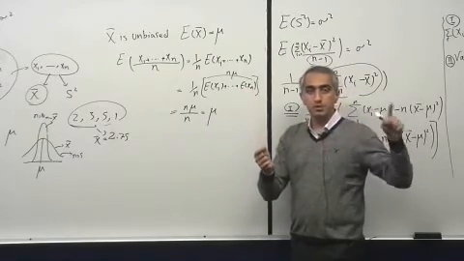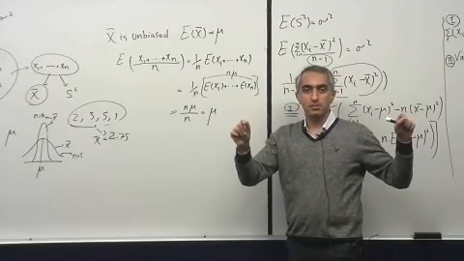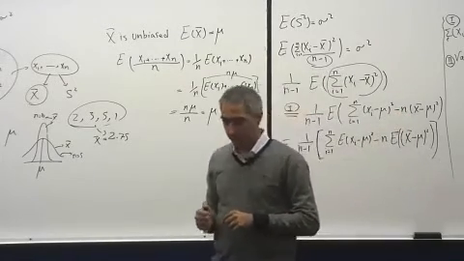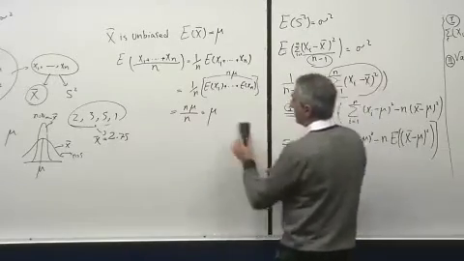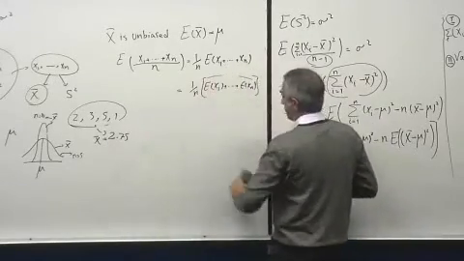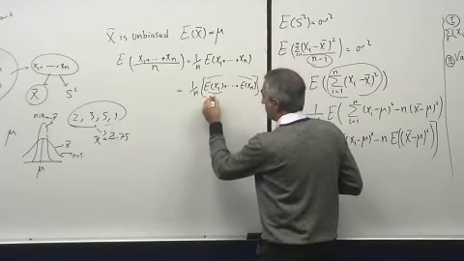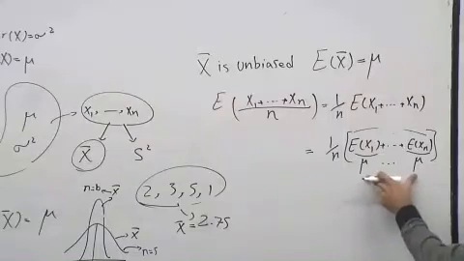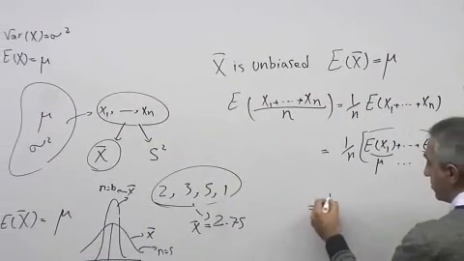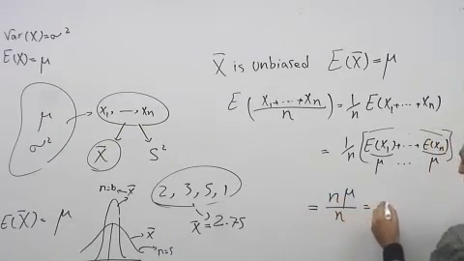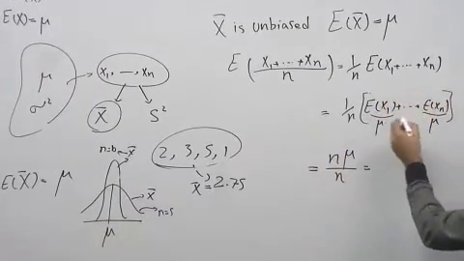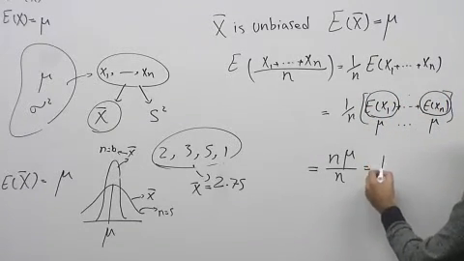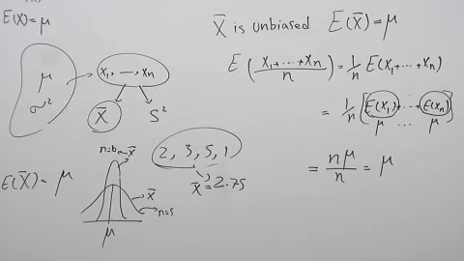So mu plus mu n times, it's n times mu. So you're right. I think I jumped. I should have written it down like this. So expected value of x1 is mu. Expected value of everything is mu. And this one is also mu. How many of those do I have? N. So it's n mu divided by n. That's better. And then it's going to be mu.